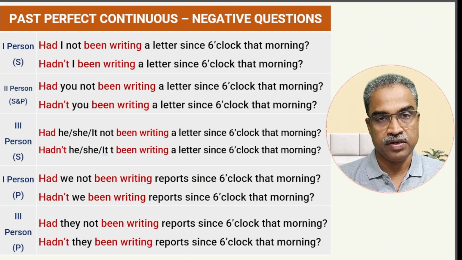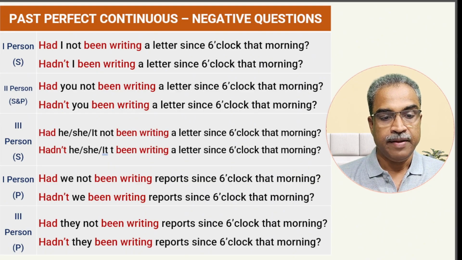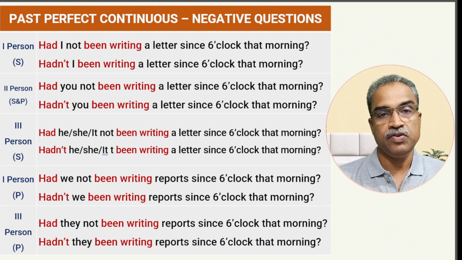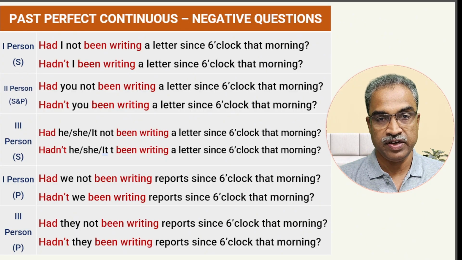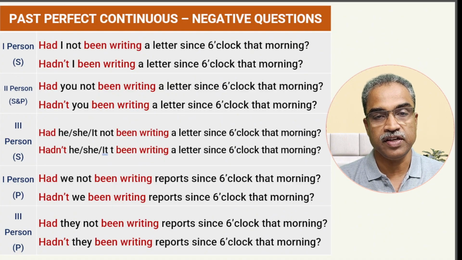Now, third person plural. They had not been writing reports at 6 o'clock that morning. So it becomes, had they not been writing? Why had they not been writing? If you want to put that why, right? Or else, hadn't they been writing? Simple enough. I hope it is very clear now how these things are falling into place here.